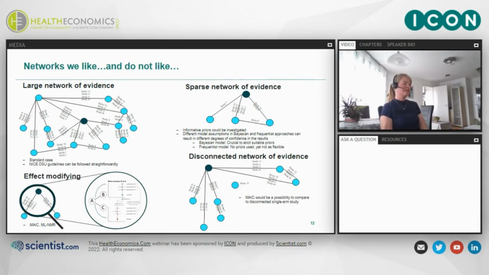Then MAIC would be a potential method which could be used to still compare the comparator of study 10 to our intervention. And also, of course, we always need to check whether any effect modifiers are relevant. Then MAIC or NMR could account for these.